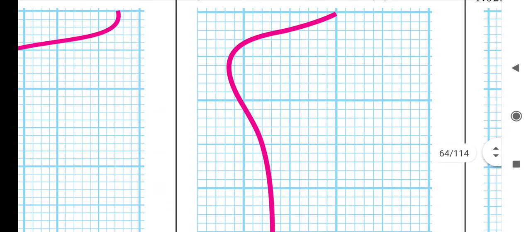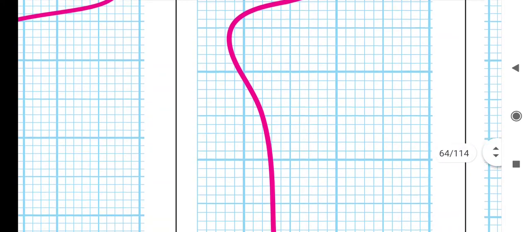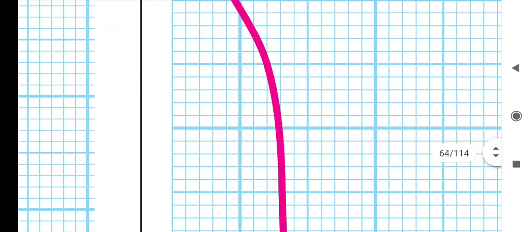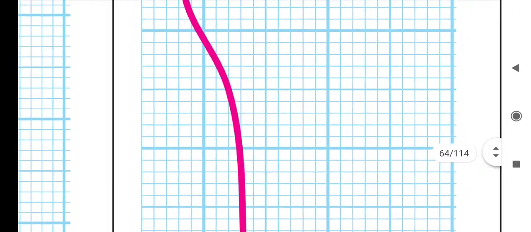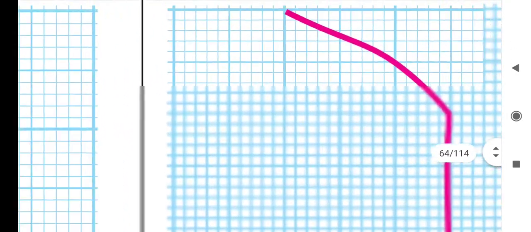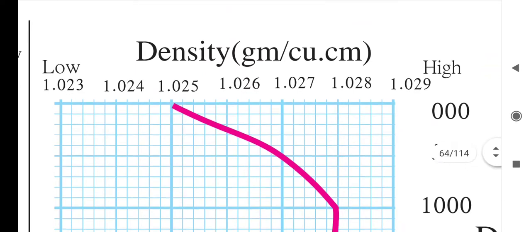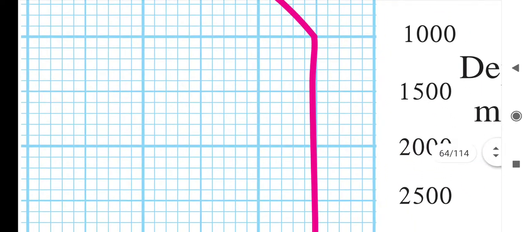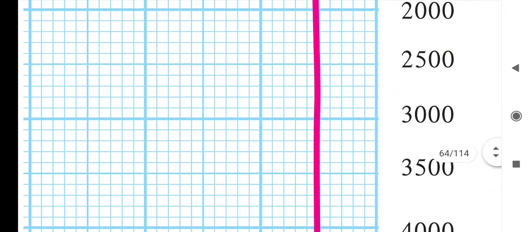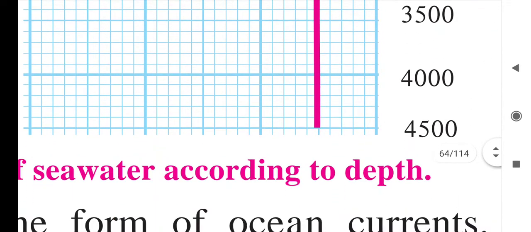But from this part onward it is stable. Density is also increasing, but only till the depth of 2000. After 2000 it is stable. So we can say that after 2000 meter depth from the sea level, the difference in the temperature, salinity and density becomes almost zero.